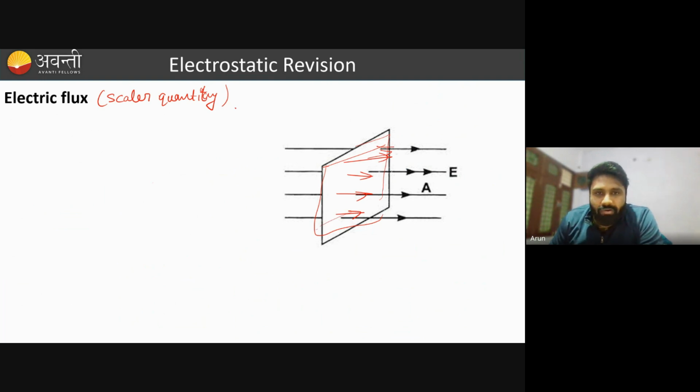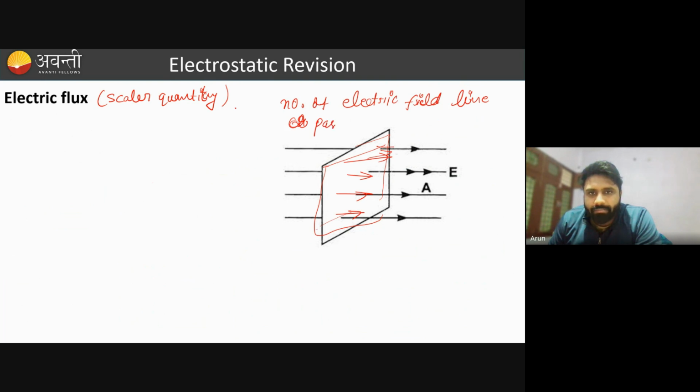So it is the number of electric field lines crossing or passing through an area perpendicular to the field.